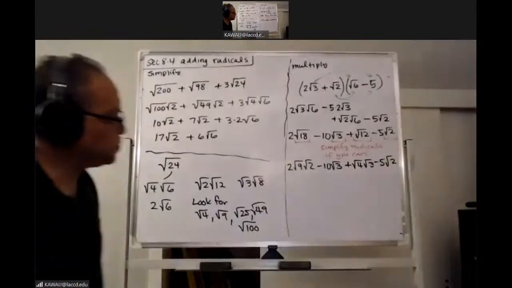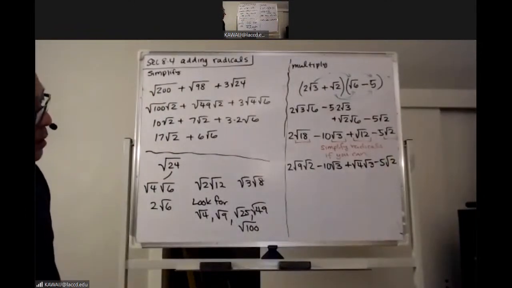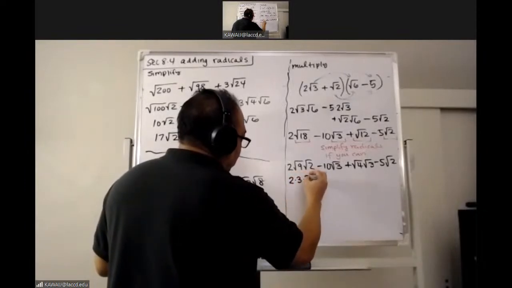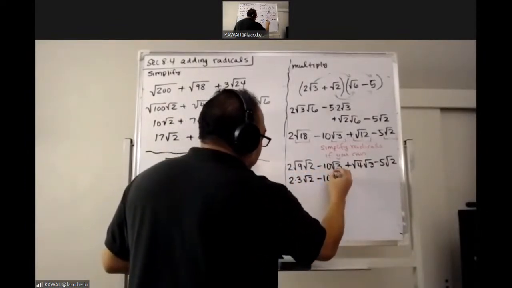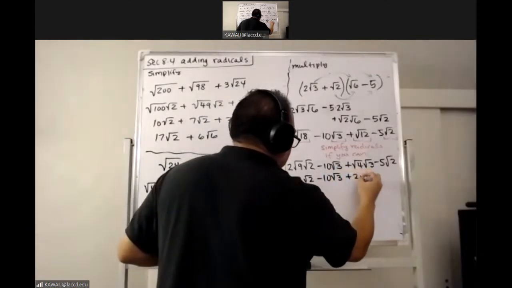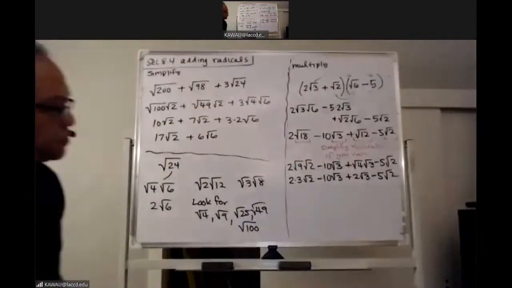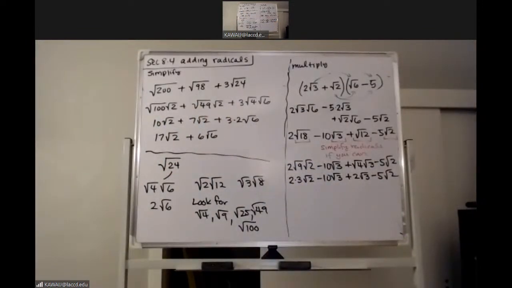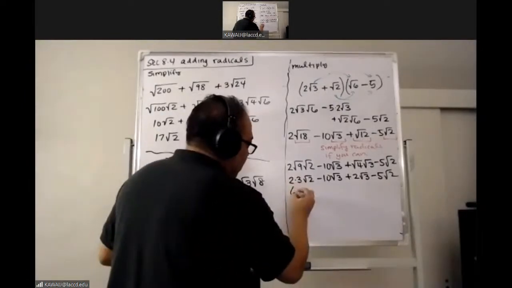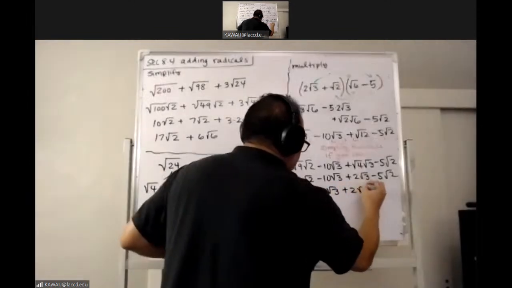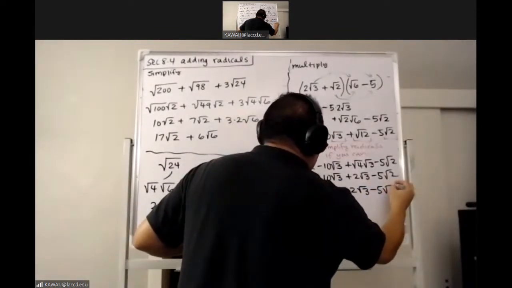And then you have 2 times 3 square root of 2 minus 10 square root of 3 plus 2 square root of 3 minus 5 square root of 2. Okay, so now you have 6 square root of 2 minus 10 square root of 3 plus 2 square root of 3 minus 5 square root of 2.